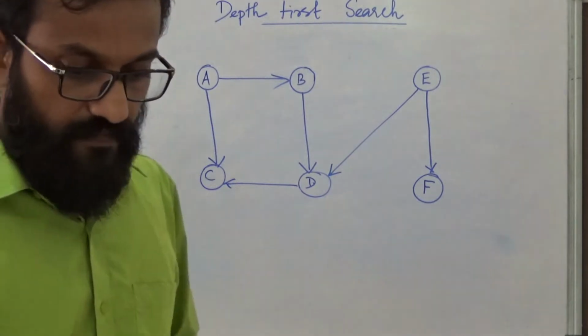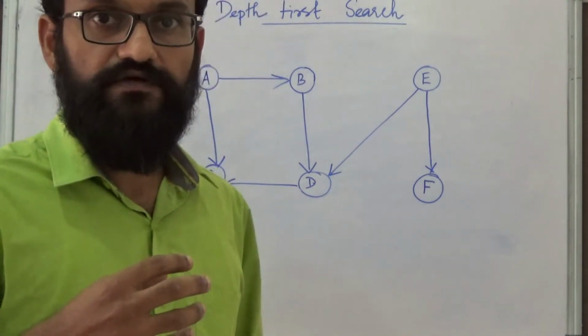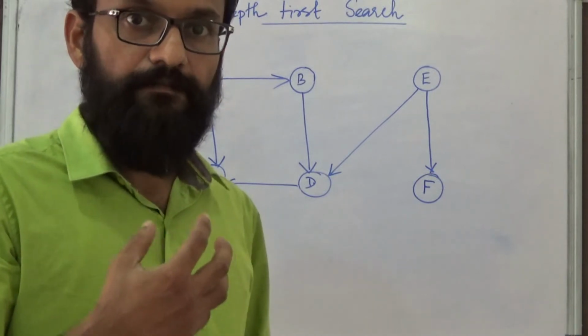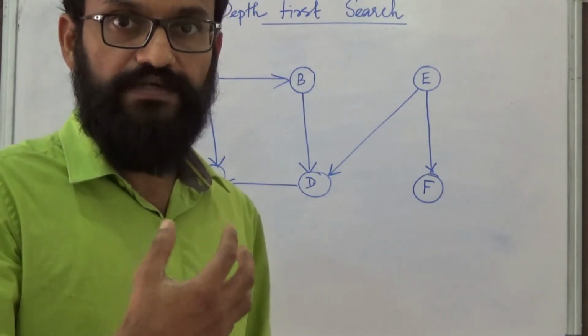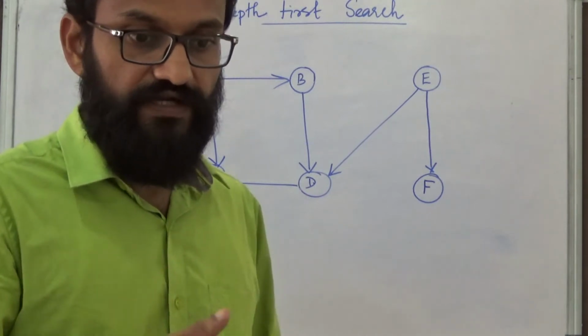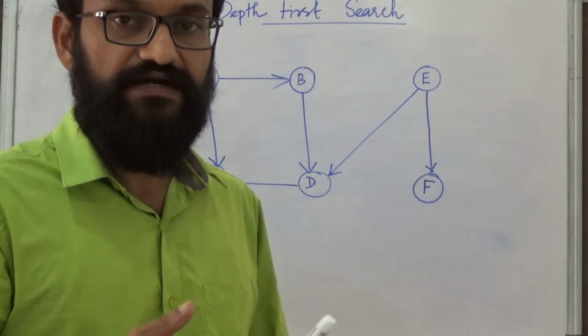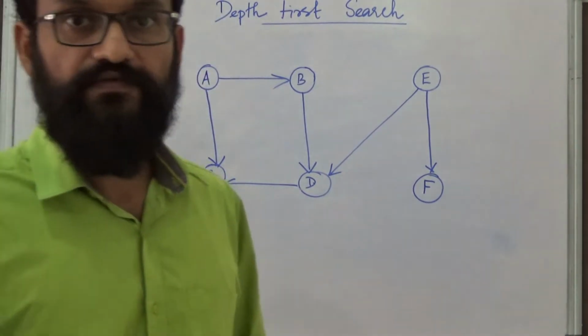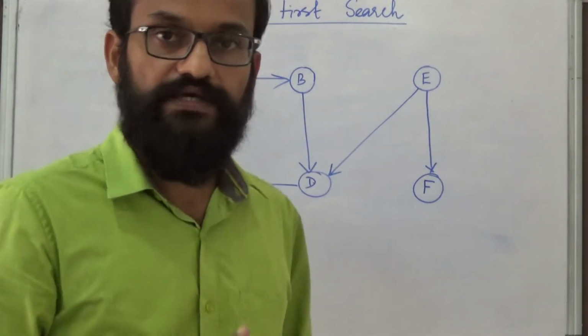And again, if you consider the progress of this algorithm, each vertex maintains a color field and a predecessor information. Color is used to differentiate discovered and undiscovered vertices. Undiscovered vertices will be white in color, so initially all vertices will be white.